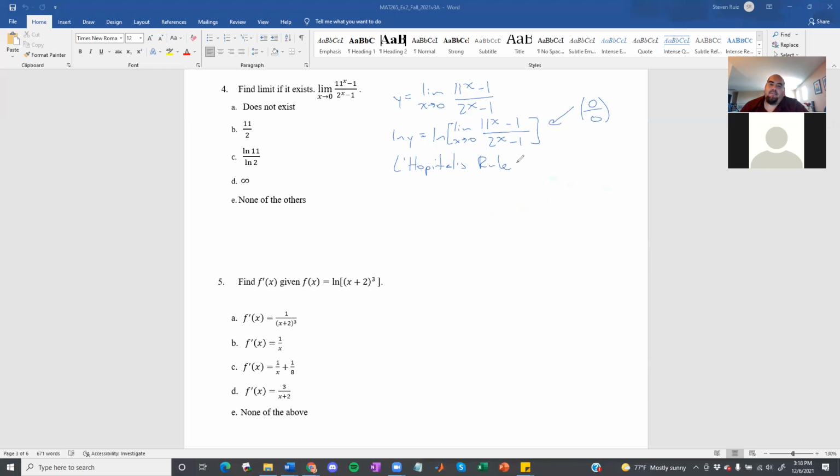The reason I'm nitpicking you is that if you were to take the derivative of this function, that would involve the quotient rule. But what you really are doing is taking the derivative of the numerator and the derivative of the denominator separately.